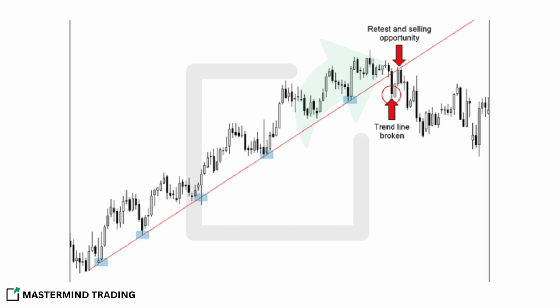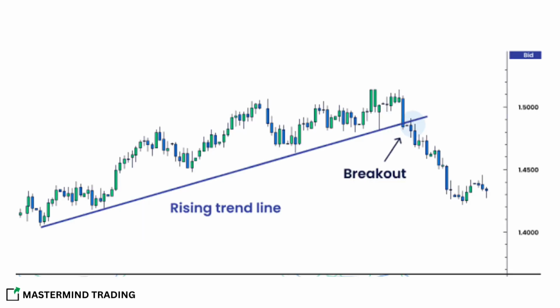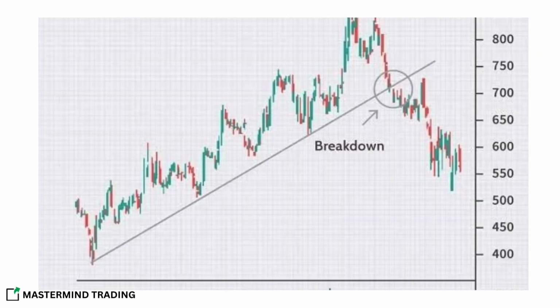Meanwhile, there's also the assumption among trend line traders that when a trend line fails, it fails big, it fails hard. So there are those traders who would wait for a trend line to fail to trade in the direction of the opposing trend. So let's say we have an uptrend and a rising trend line, and then that trend line gets broken.